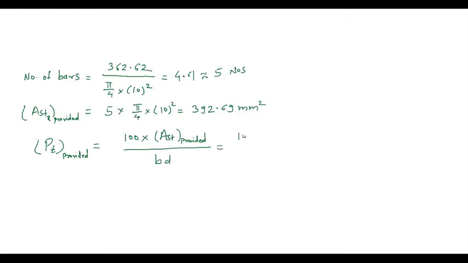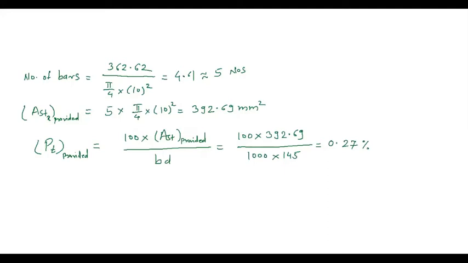So it is equal to 100 into 392.69 divided by 1000 into 145. So it is 0.27%. Okay, and our assumed is 0.3. So this is the provided percentage of steel.